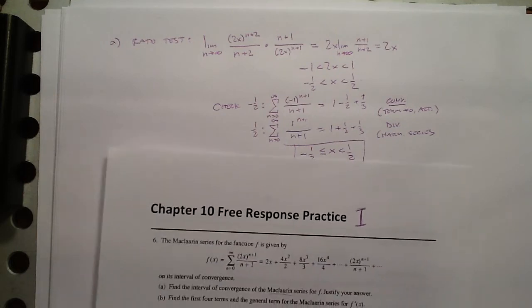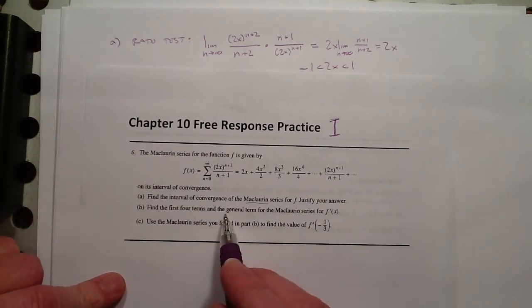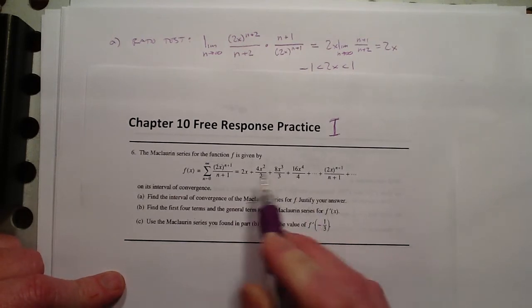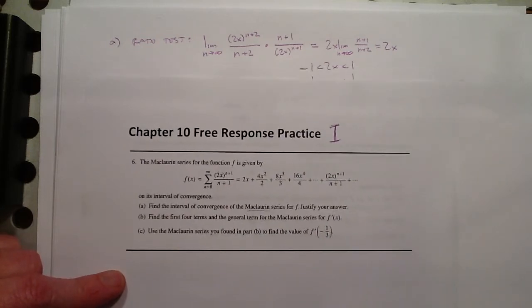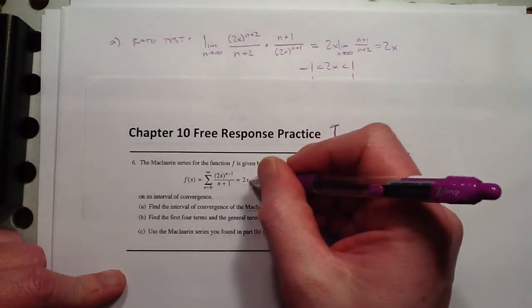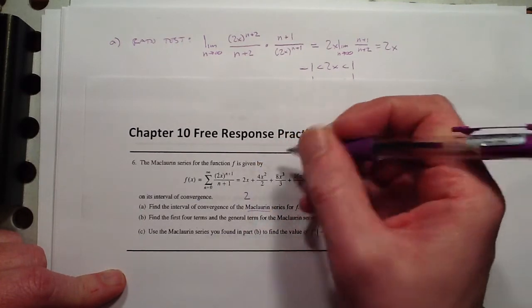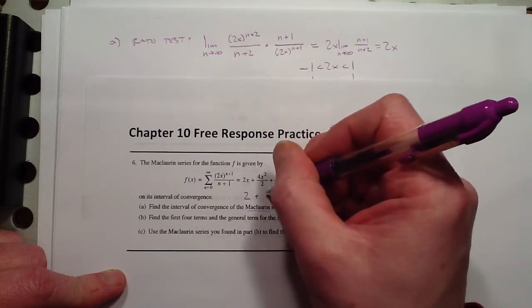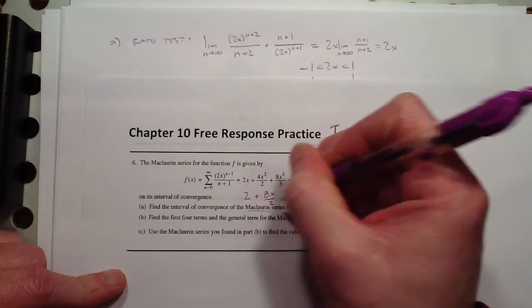That's part A. Part B, find the first 4 terms and the general term of the Maclaurin series for the derivative of this. Well, look, they wrote out the terms. The first 4 terms are going to be much easier than that. So the derivative of this is 2. The derivative of this is, let's not simplify, that might help us find the general term, is 8x over 2.